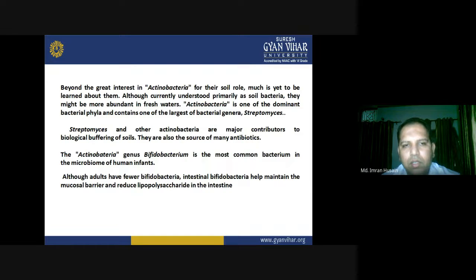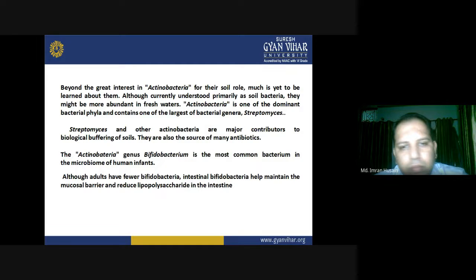Beyond the great interest in actinobacteria from their soil role, much is yet to be learned about them. Scientists and microbiologists are constantly working on actinobacteria, and although a lot has been discovered, a lot still remains to be discovered. Although currently understood primarily as soil bacteria, they might be more abundant in fresh waters.